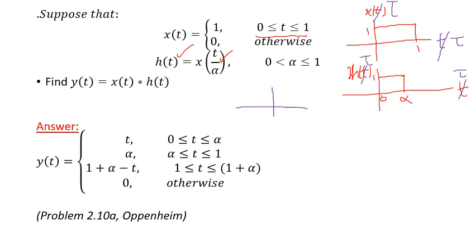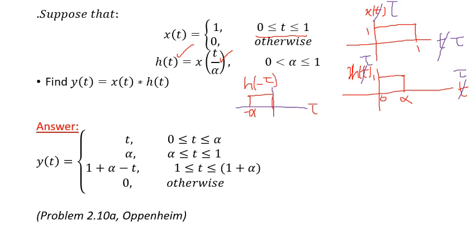So I reflect the response signal, so if I reflect it, it will be something like this. Now this is minus alpha, this is time, and this is h of minus tau, okay.